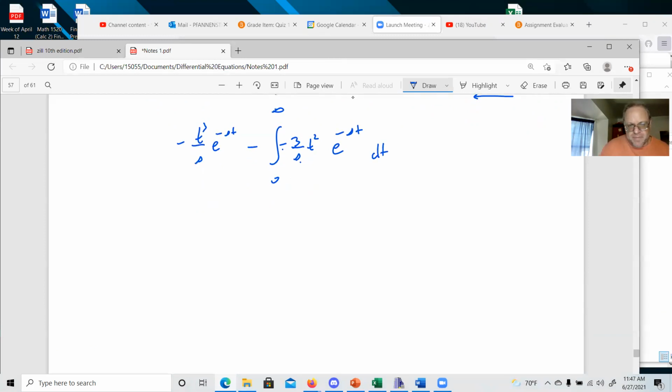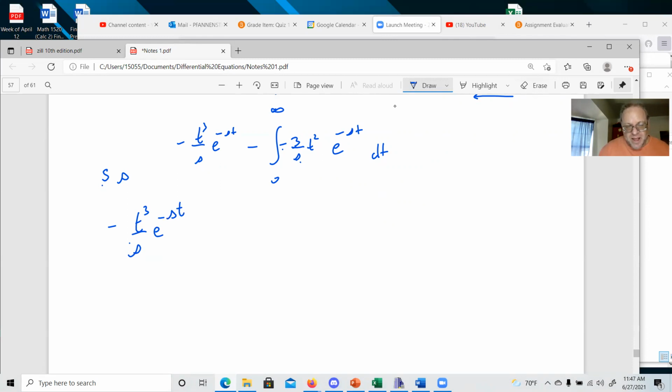So we have negative t cubed over s, terrible s's. By the way, it doesn't matter to me if you use an s or a script s. My s's look like 5s, that's why I go to a script s, but there it is.